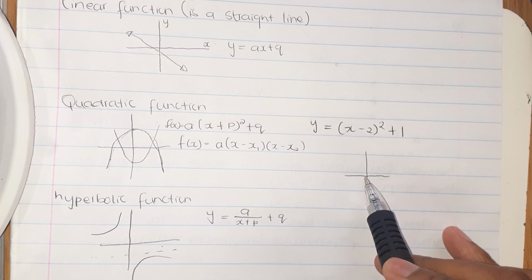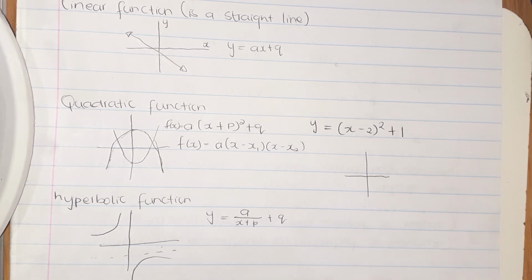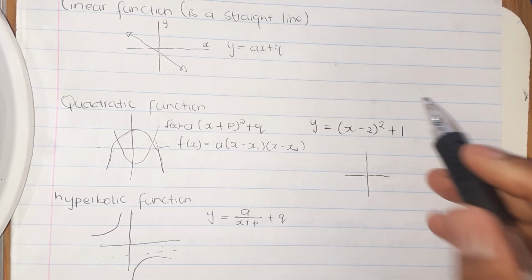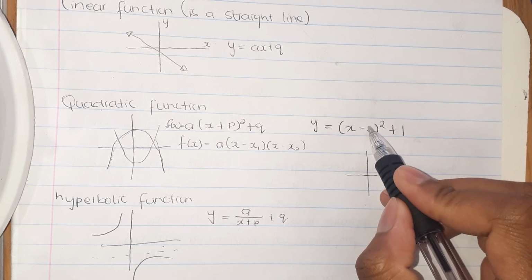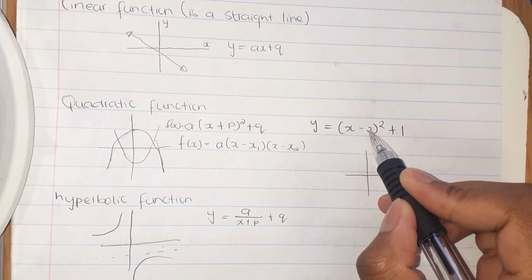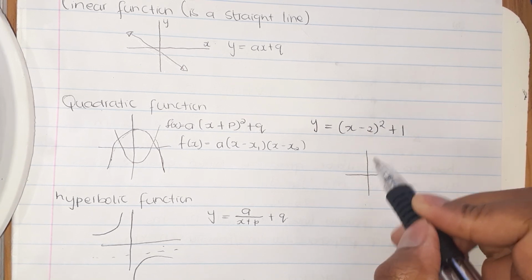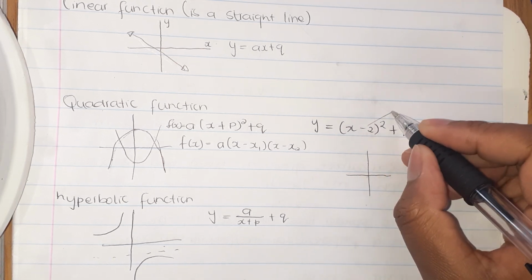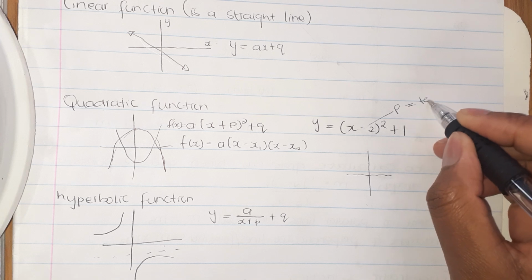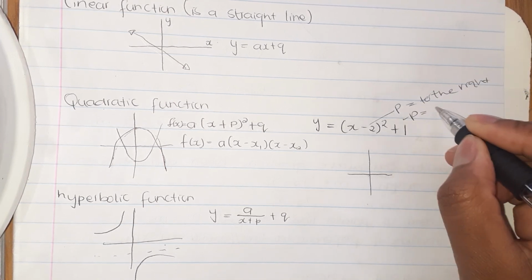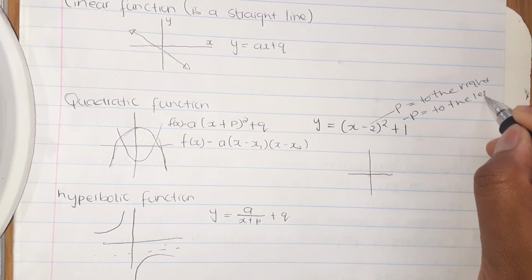If it's negative, it means it has gone down, right? And then the x minus 2 means that it's going 2 places to the right, and the 1 means it's going up. So if p is negative in the equation, p will be positive on the graph. Now, if p is positive in the equation, it will be negative on the graph. So if it's a negative number for p, it means to the right. If p is positive, it's to the left.